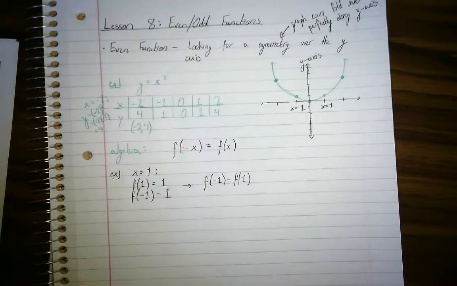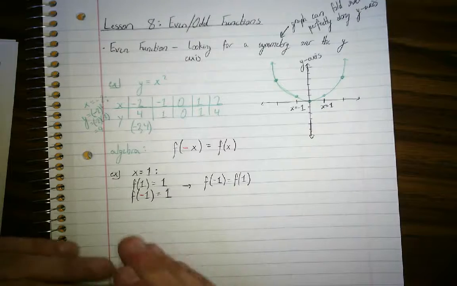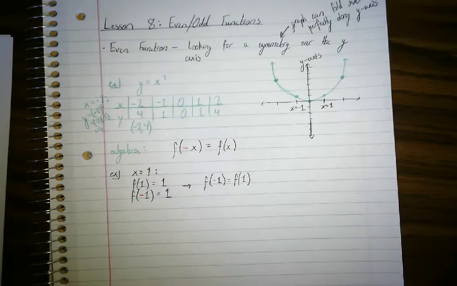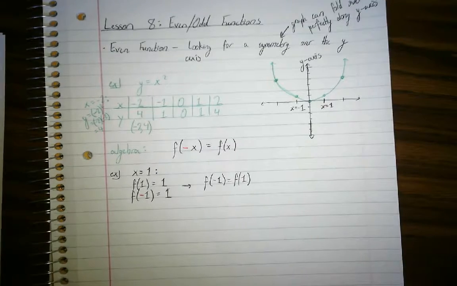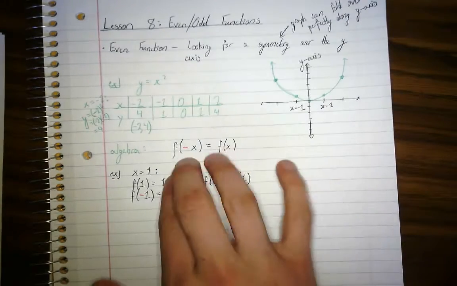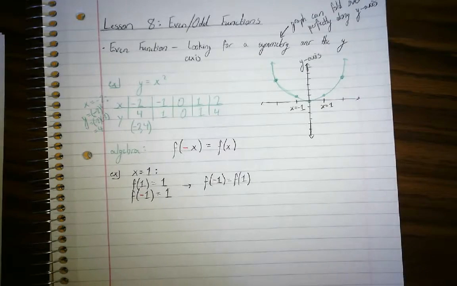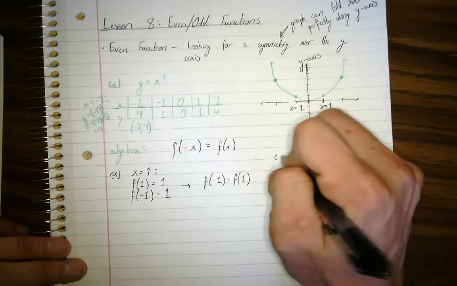If we wanted to take into account all x values, say we wanted to compare x equals 1,000,000 to x equals negative 1,000,000, if it's an even function, they should both come out to the same exact value. Well, we can just look at a single x, so let's do a general case.